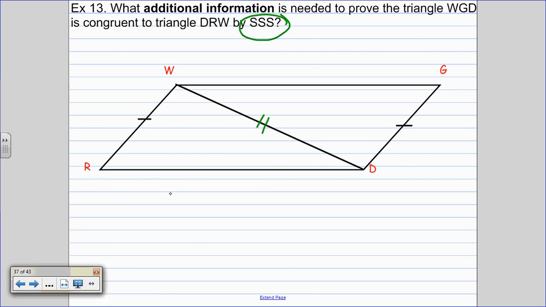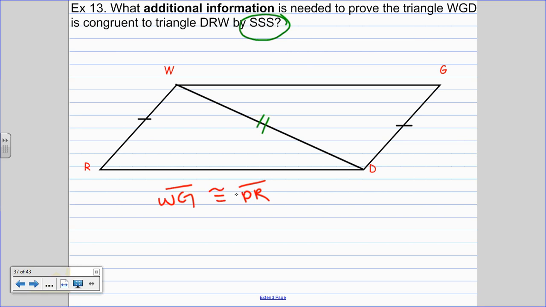So we already have WD and RW and GD. So we need to know that segment WG is congruent to DR. And I was making sure I was putting it in the right order because, yes, order does matter.